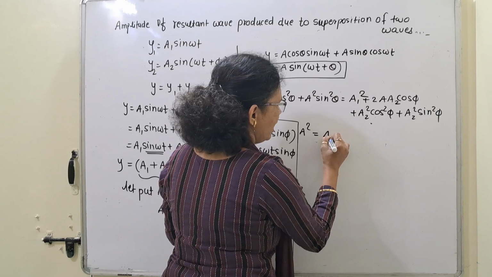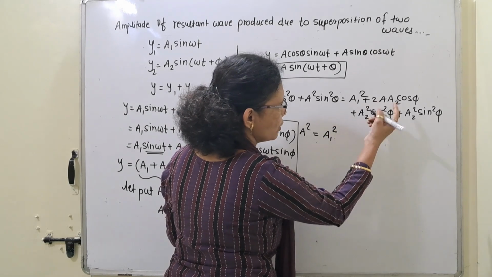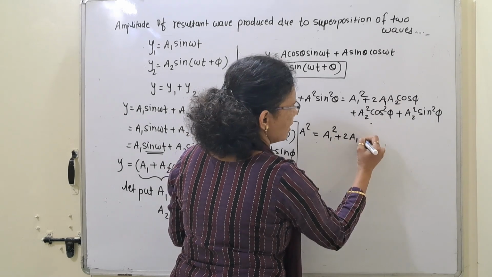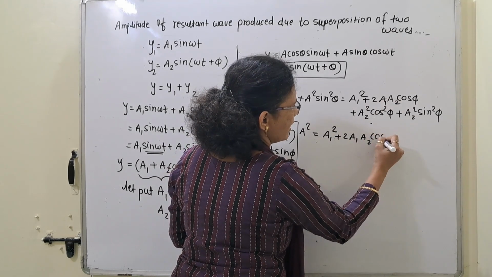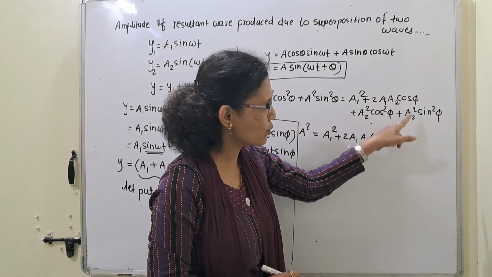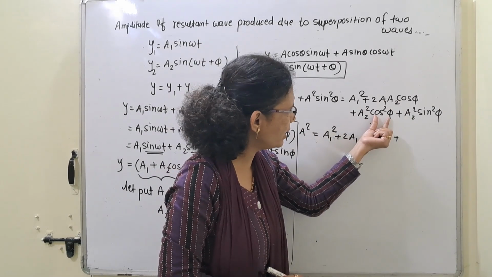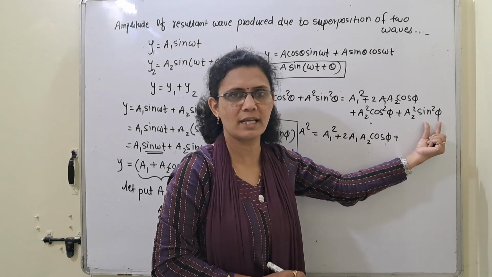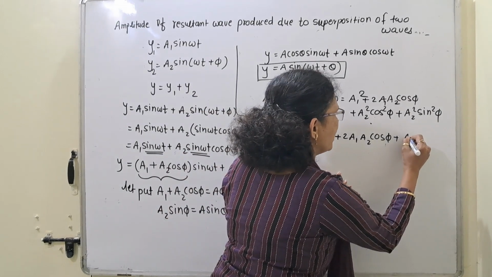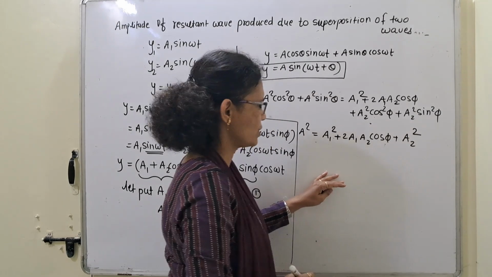Now a1 square will be as it is, 2a1 a2 will be also as it is, cos of phi, and the last term, a2 square will be common and remaining will be cos square phi plus sin square phi. Then that will be also 1. So only remaining part will be a2 square.